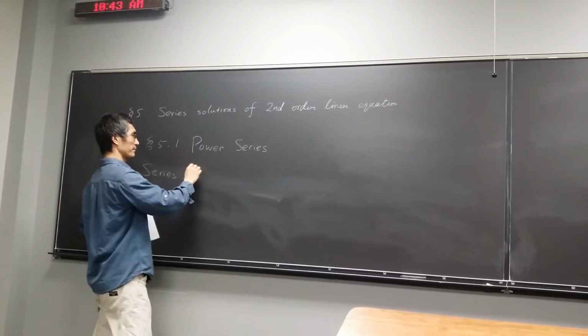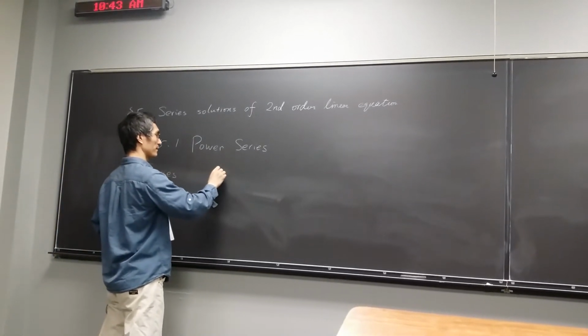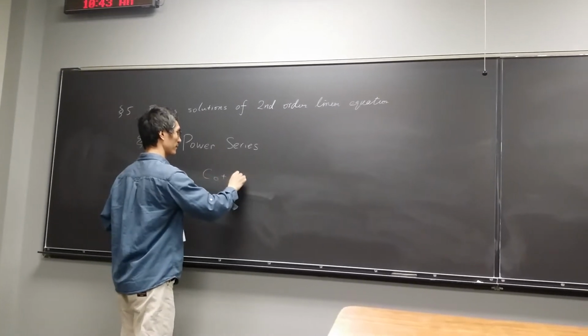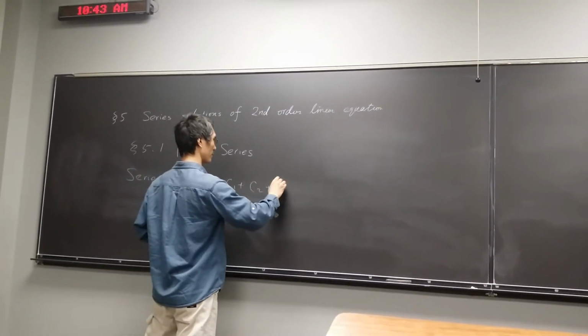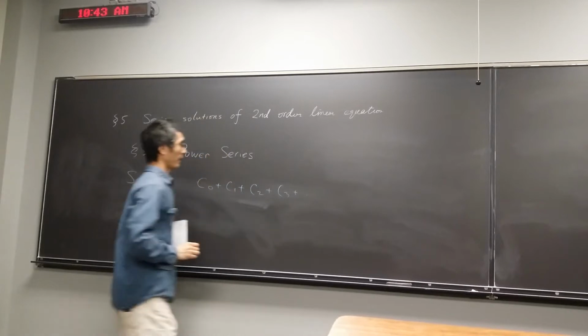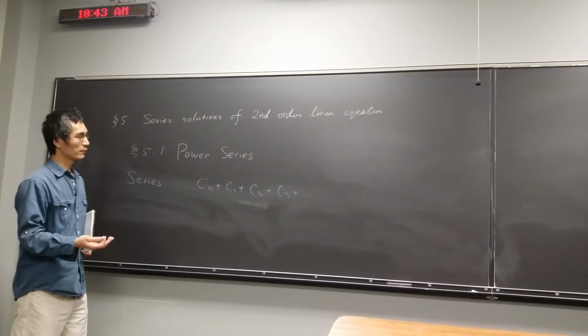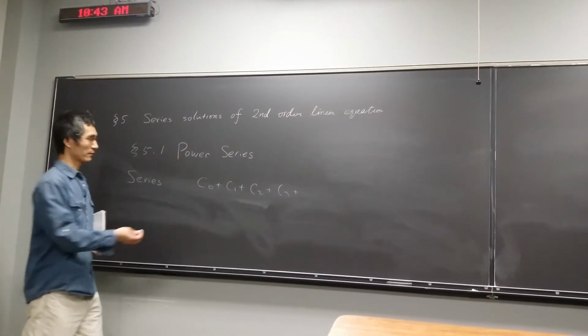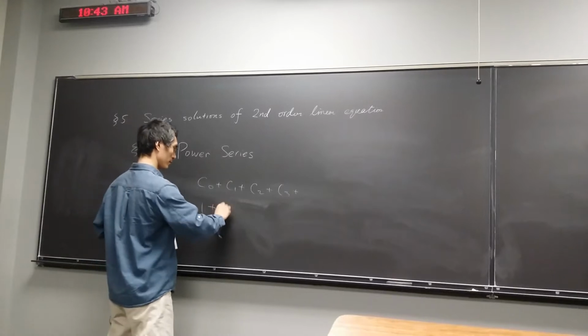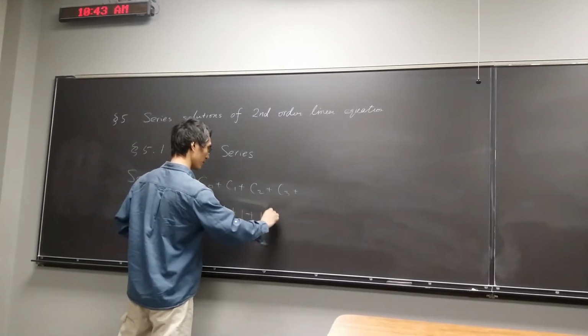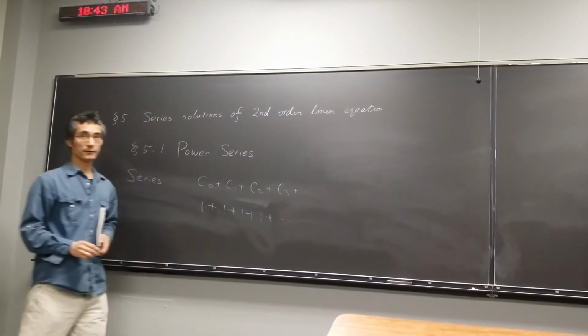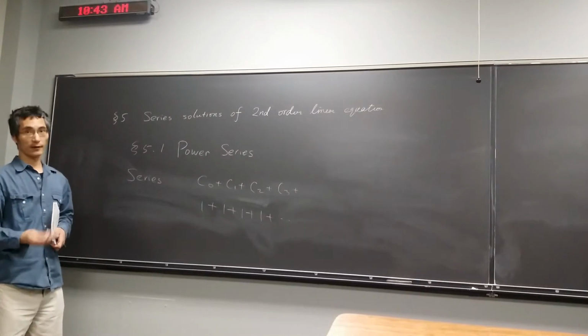A series is written in this form: C0 plus C1 plus C2. And it could be convergent or divergent. For example, this series is certainly divergent, right?